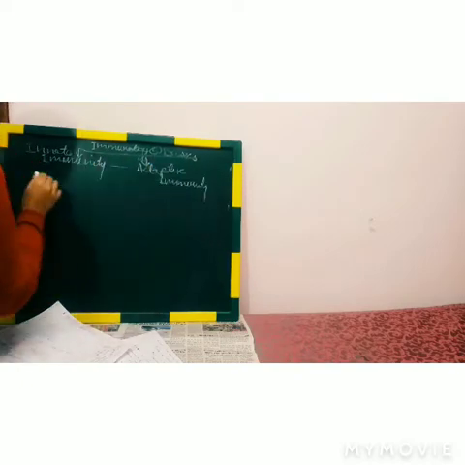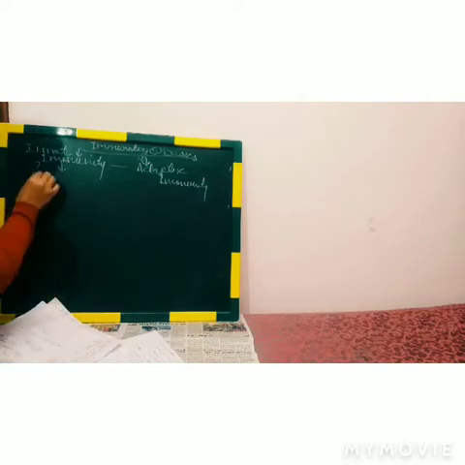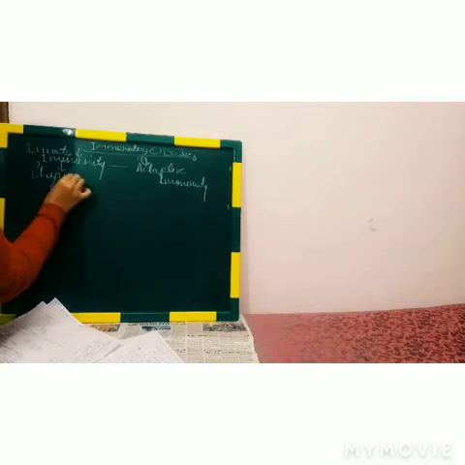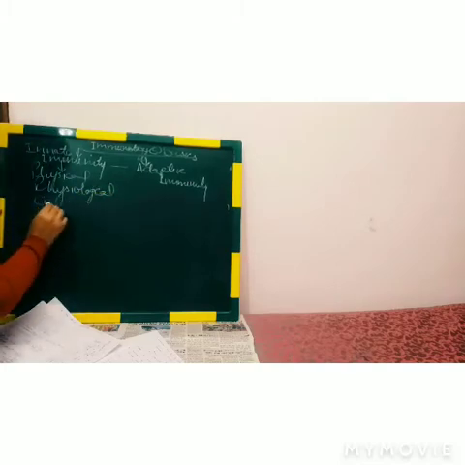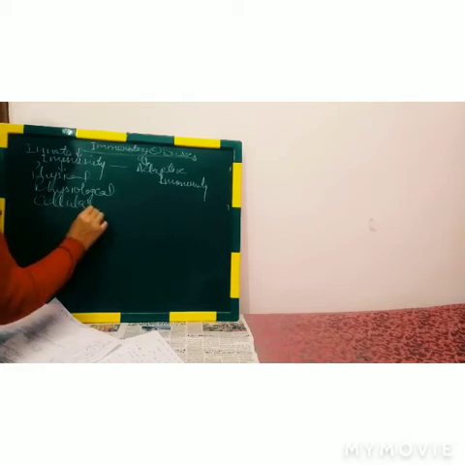In innate immunity, we were talking about certain barriers, which were physical, physiological, and then we also talked about cellular barriers.